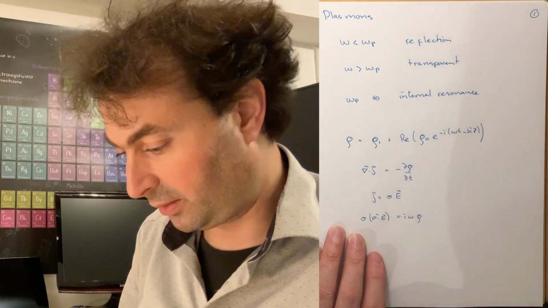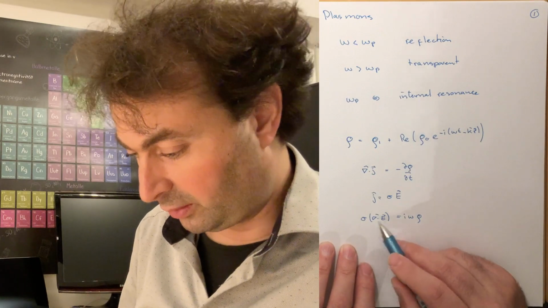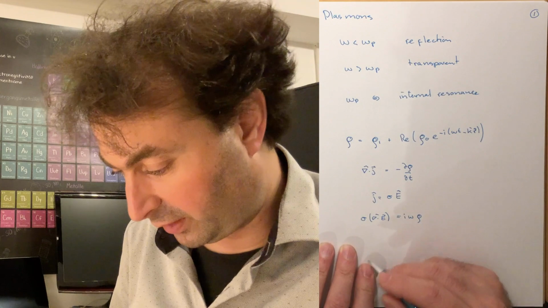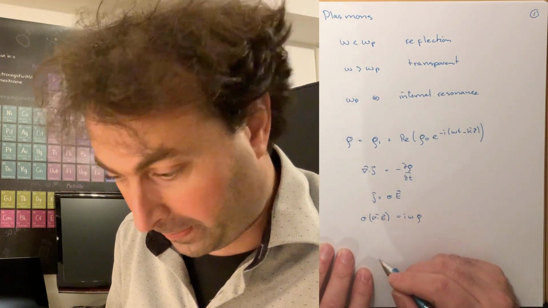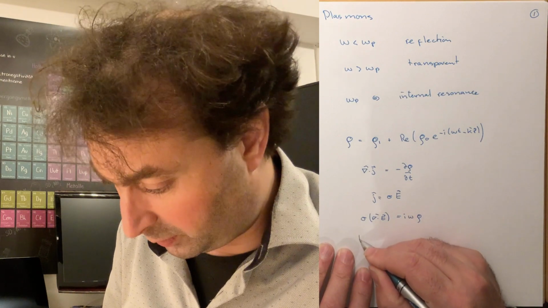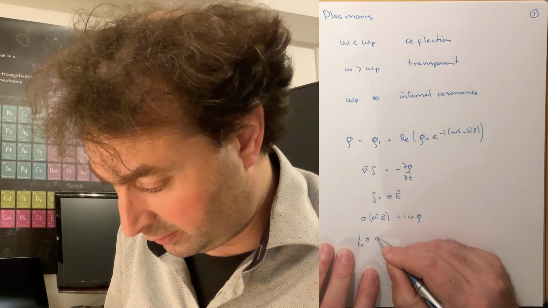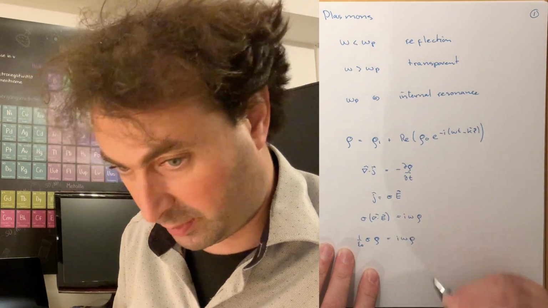And the minus sign takes that minus sign away. Now we can use that we know what the divergence of an electrical field is, which is namely the charge density over epsilon 0. So we have 1 over epsilon 0 sigma times the density must be equal to i omega times the density.